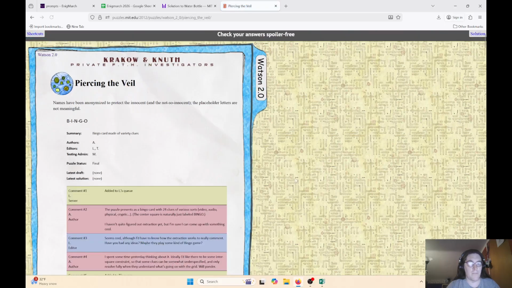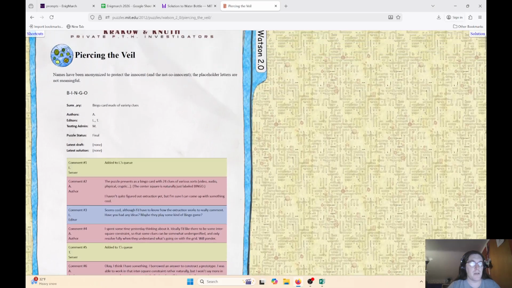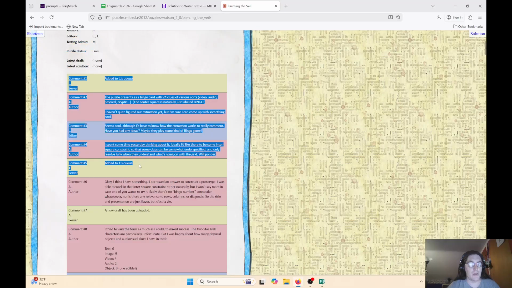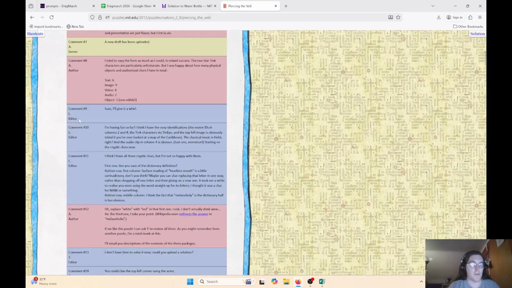Yeah, Piercing the Veil. This was an interesting puzzle in that this kind of thing was what their behind the scenes puzzle writing software looked like. This puzzle was all about recreating a puzzle based on clues from the conversations that an author, an editor, and test solvers were having.